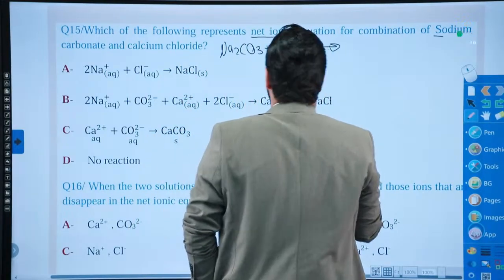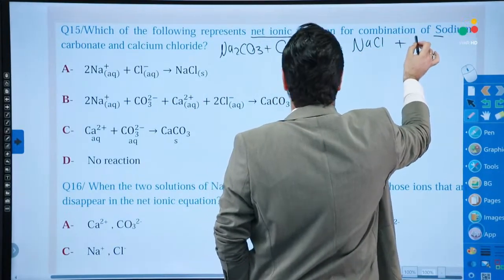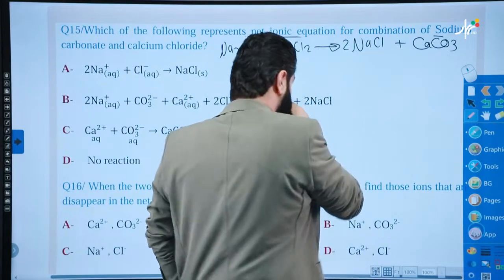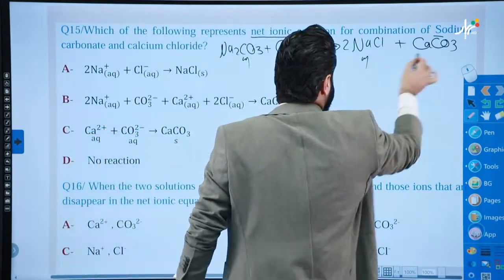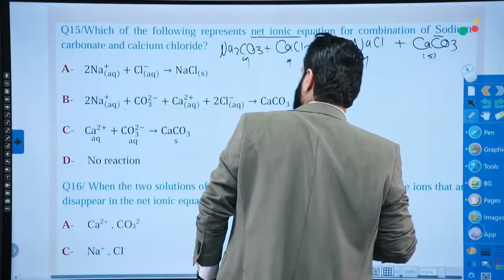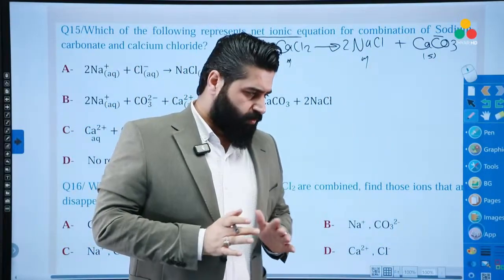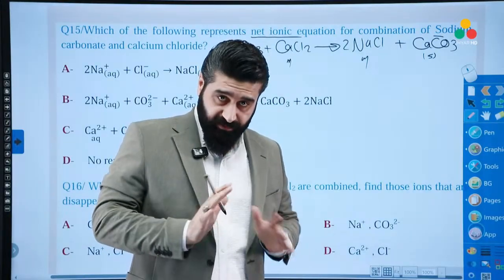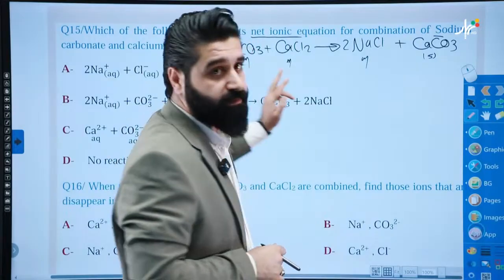Let's have the double displacement, NaCl plus CaCO3. AQ on this one, this one is a solid substance. So which of the following represents the net ionic equation? Or which of the following is the best representation for the solid in the reaction between the two reactants that are mentioned here?